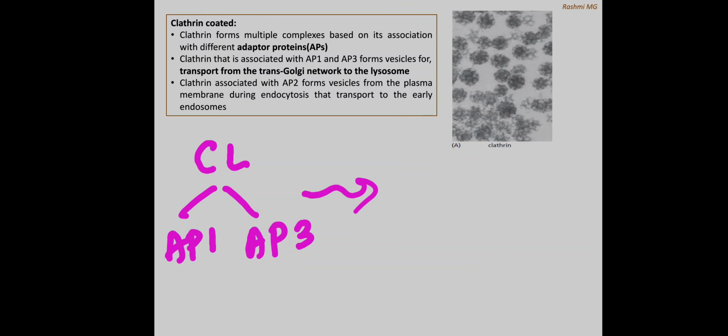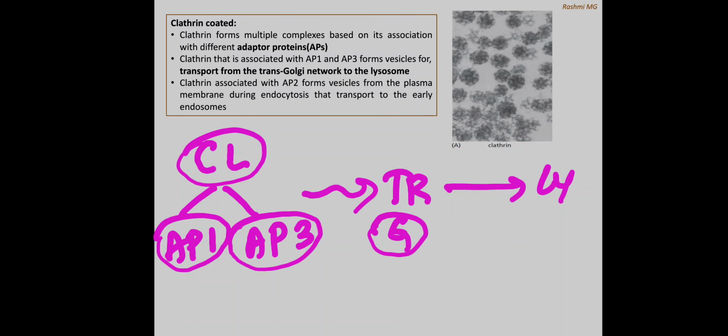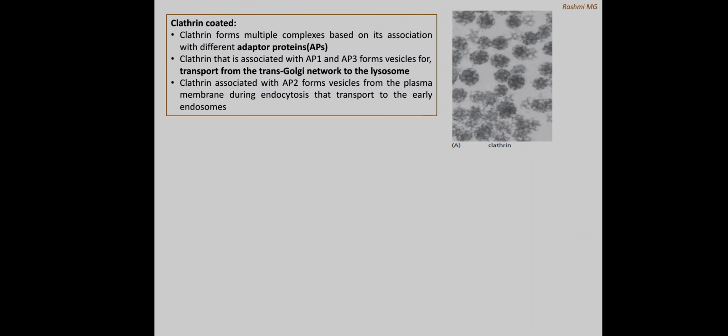These are vesicles responsible for the transport of protein from trans-Golgi network to lysosome. So clathrin, which is associated with adaptor protein 1 and adaptor protein 3, is helpful for the transport of proteins from trans-Golgi to the lysosome.